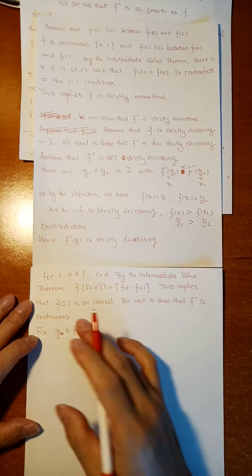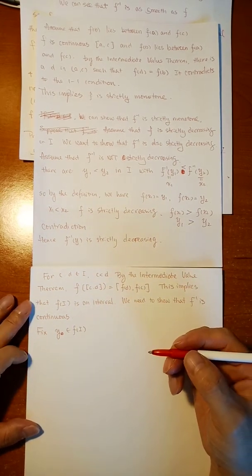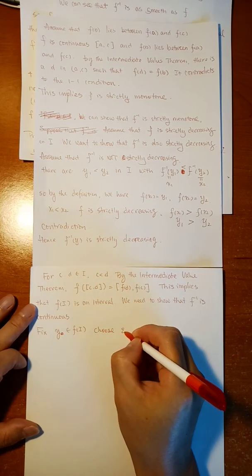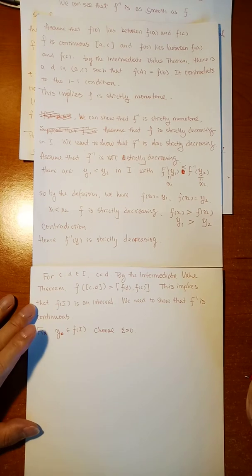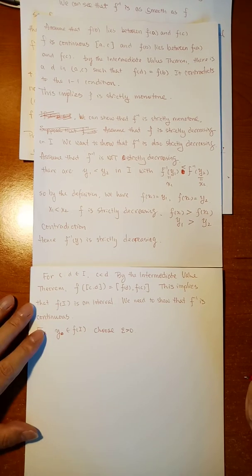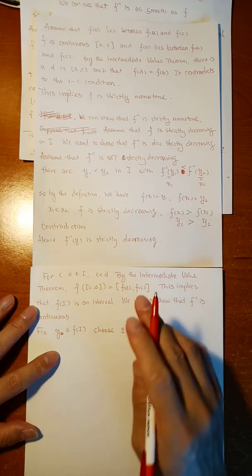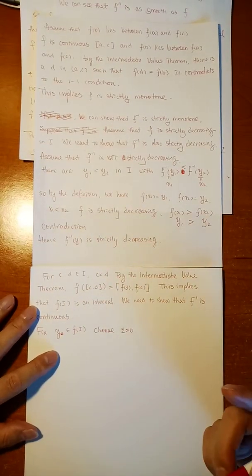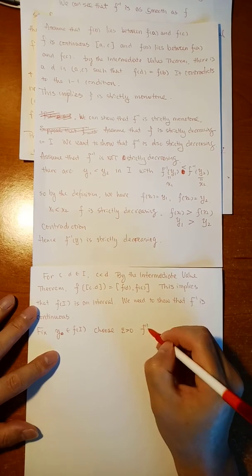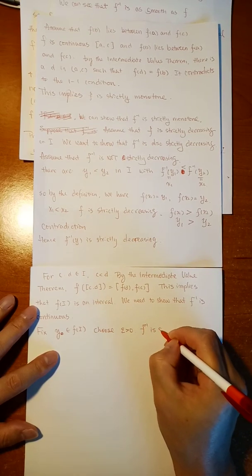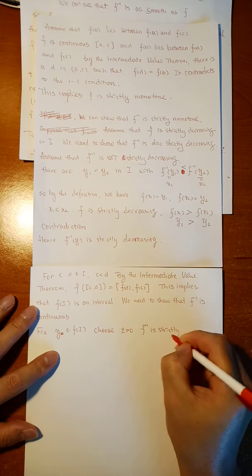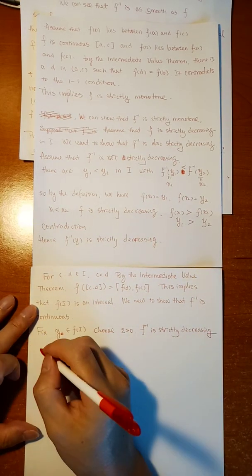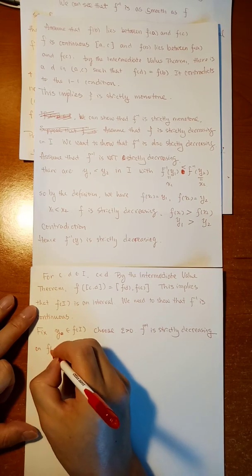Fix y0, a point in F(I). Then choose an arbitrary epsilon greater than 0. Again, we assume F inverse is strictly decreasing on F(I).